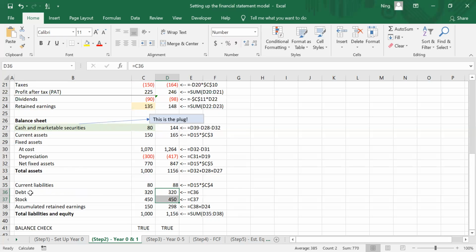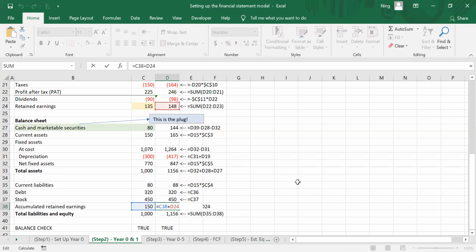So we're just going to leave the debt and stock accounts constant. In this case, the forecast value for debt and stock in year 1 is set equal to their numbers in year 0. And accumulated retained earnings is the retained earnings of this year plus retained earnings from the previous year.